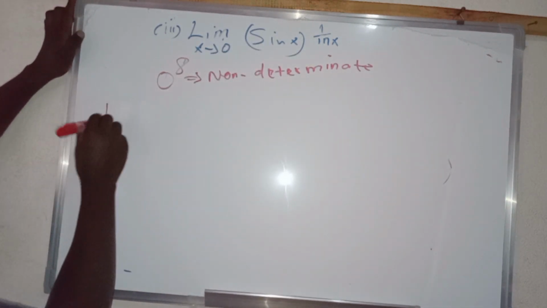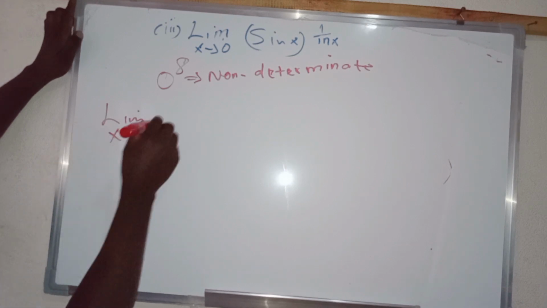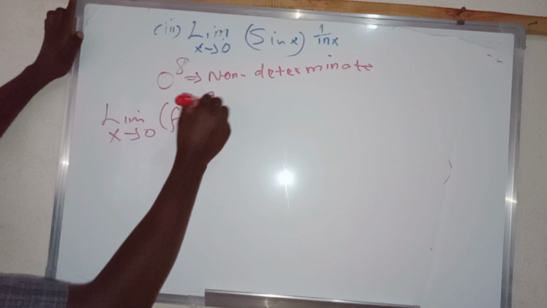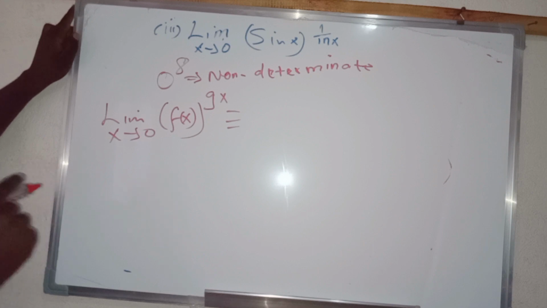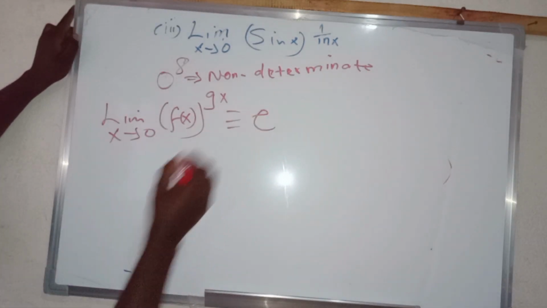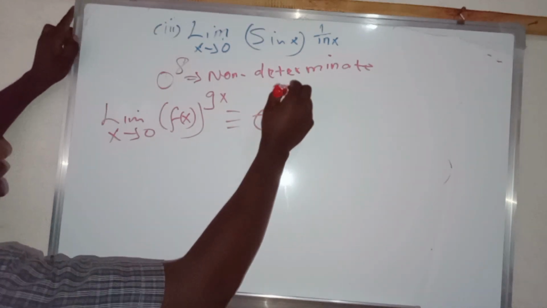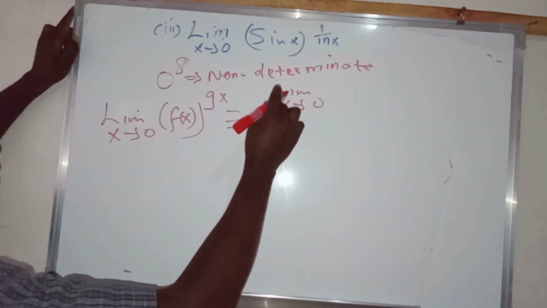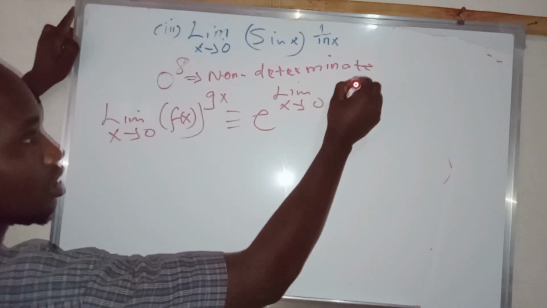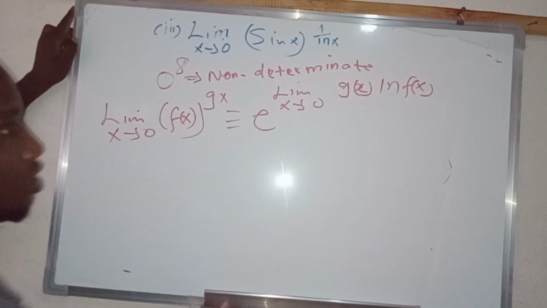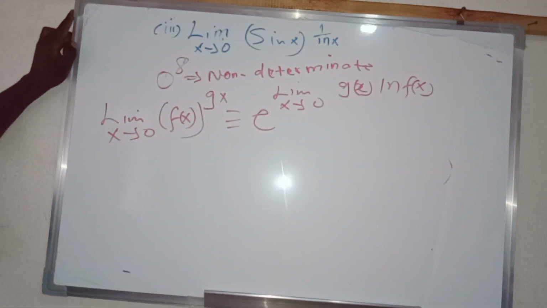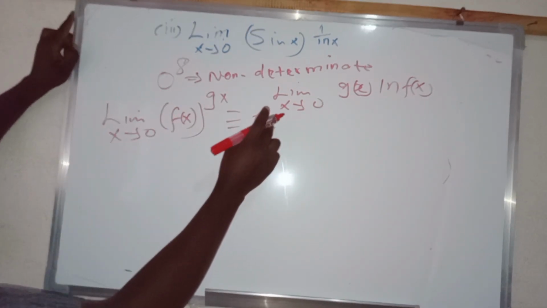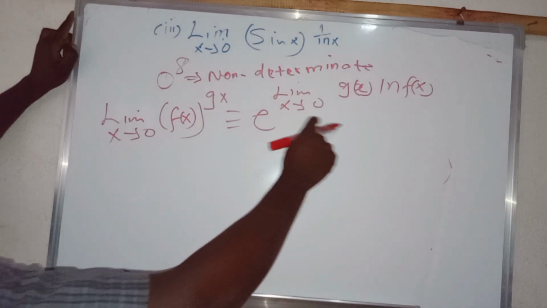Your question is in the form of the limit as x approaches 0 of f(x) raised to the power g(x), which you now write as e exponential raised to the power of the limit as x approaches 0 of g(x) multiplied by the natural log of f(x). You ignore the exponential for now; you will use it after solving this part.